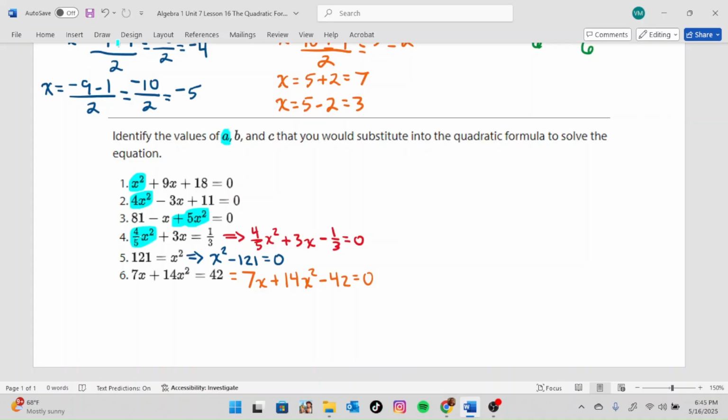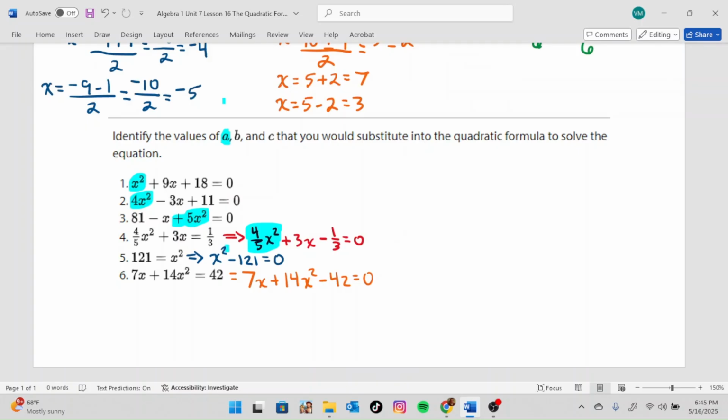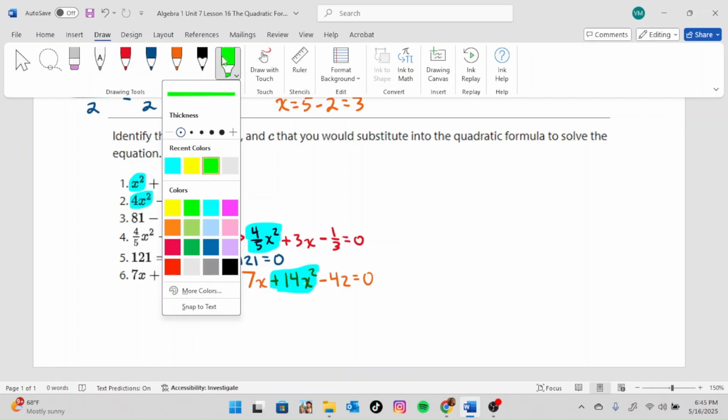It only matters that it's with the x squared. So those are all highlighted in blue.